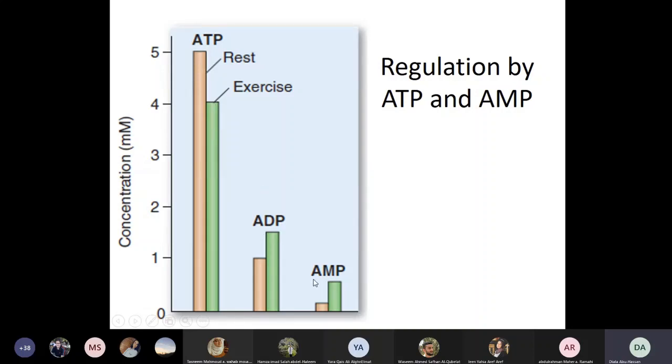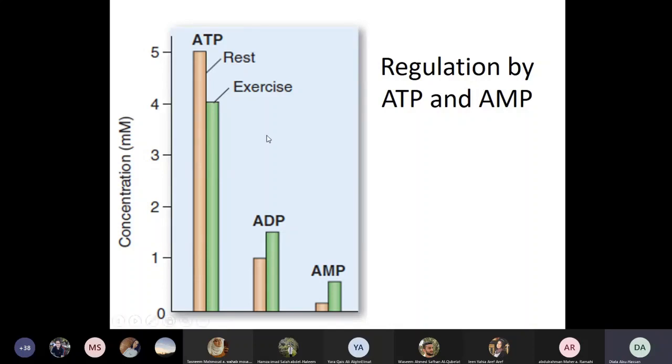Same thing for the three molecules ATP, ADP, and AMP. Whenever we have a high concentration of ATP, okay, this means that we are in a high energy state. Whenever we have a high concentration of AMP, this means we are in a low energy state.